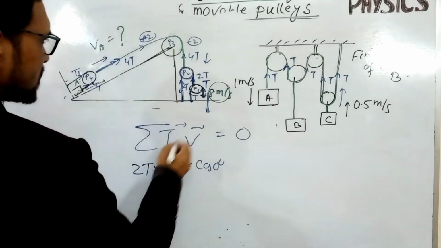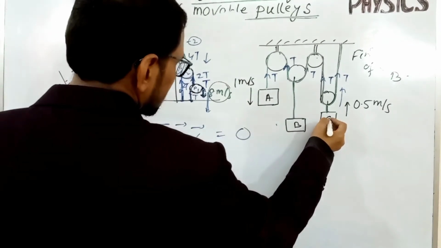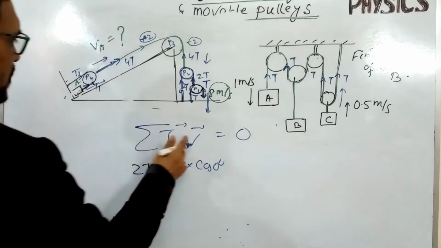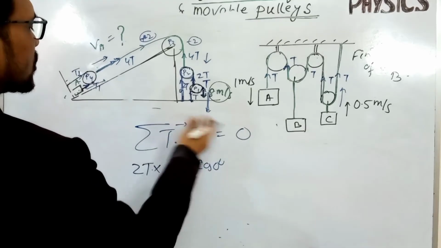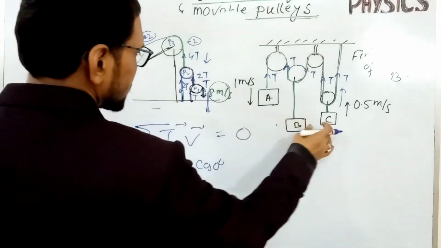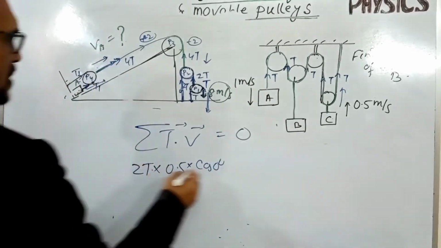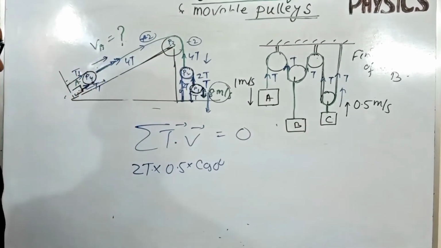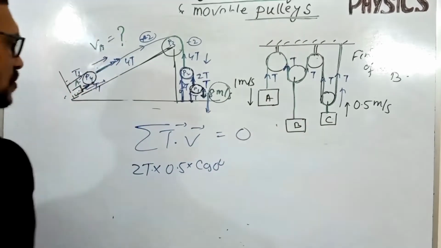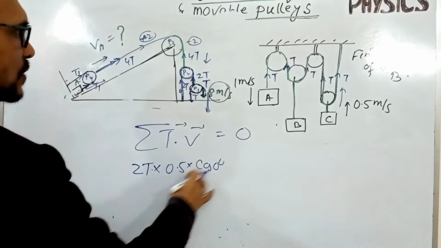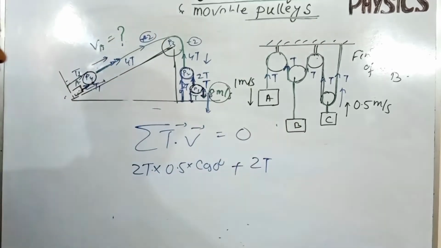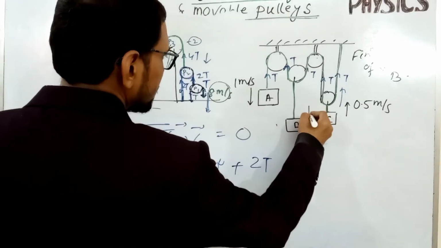Now next we apply for the blocks ABC. For the blocks we take T dot V, that is the velocity of blocks ABC. So we take the summation of T dot V of the 3 blocks. Here 2T into velocity Vb, which we don't know.